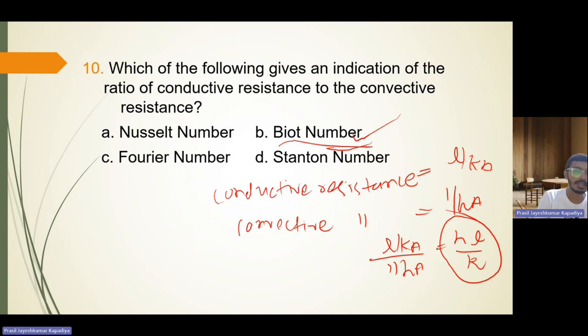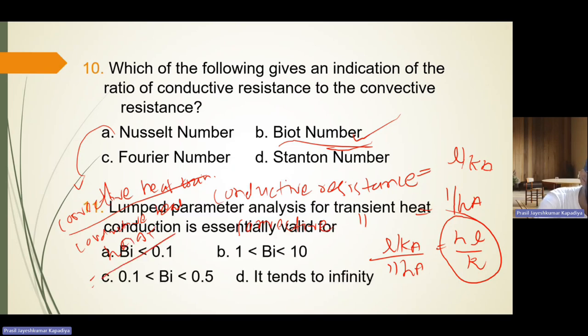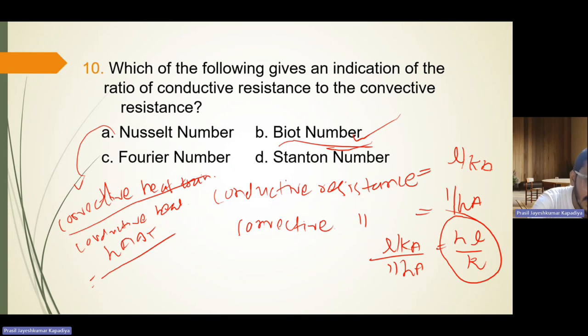But let's see about the other numbers. So Nusselt number, what is Nusselt number? Nusselt number is convective heat transfer divided by conductive heat transfer. Convective heat transfer is hA delta T and conductive heat transfer is KA delta T by L. So my answer here is hL by K of fluid.